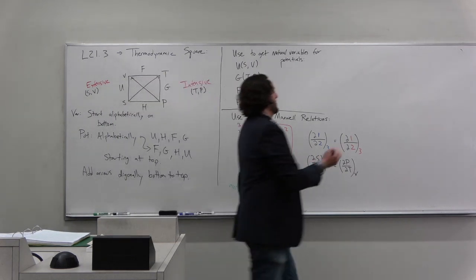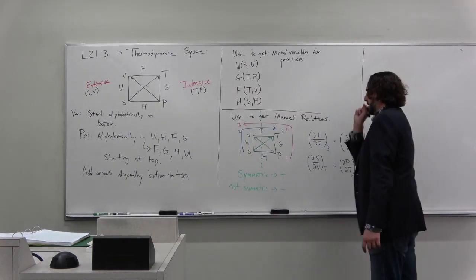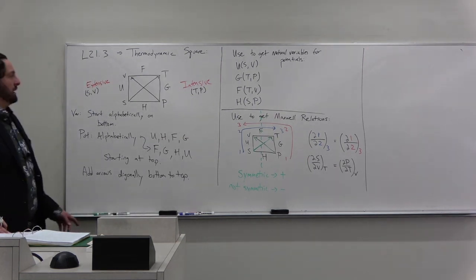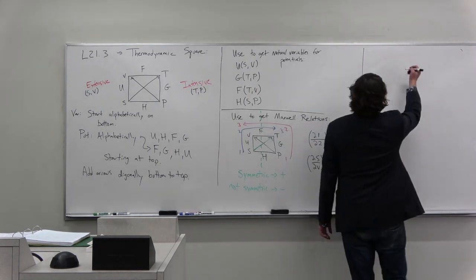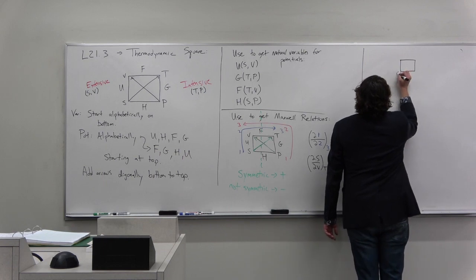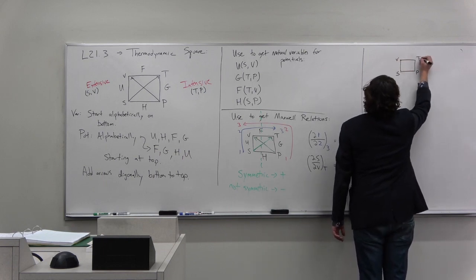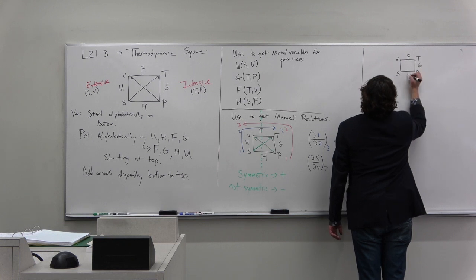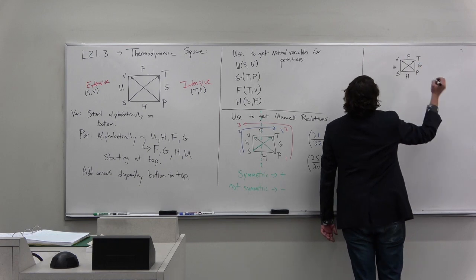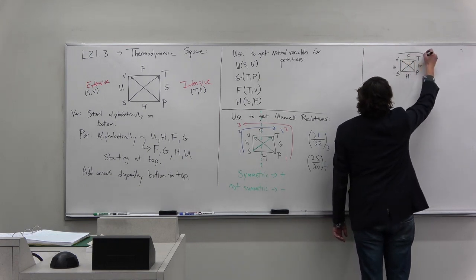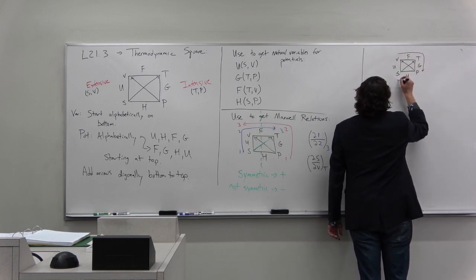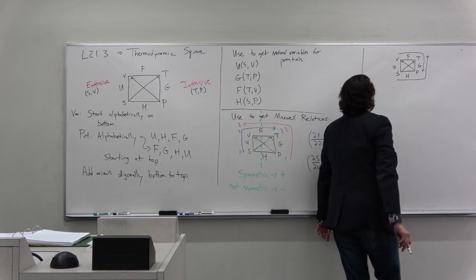Okay, so let's do one more example. So one more use of my thermodynamic square. So again, let's just write it again real quick. Practice writing. I like to write it small. So S and V, P and T, F, G, H, U, arrows. So let's do a Maxwell relation this way. So that was 1, 2, 3, and then back 1, 2, 3.